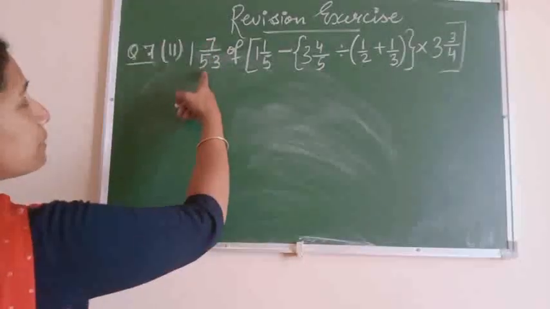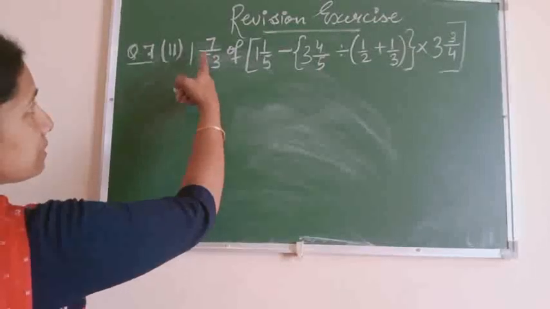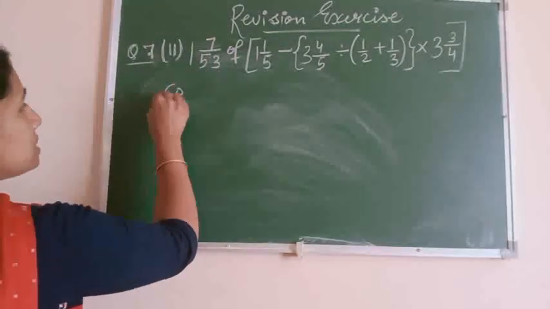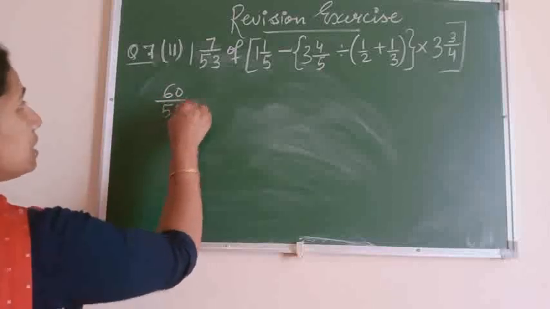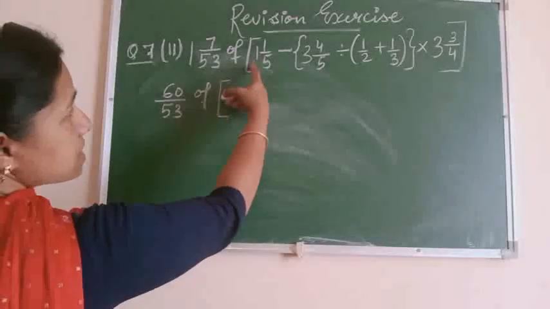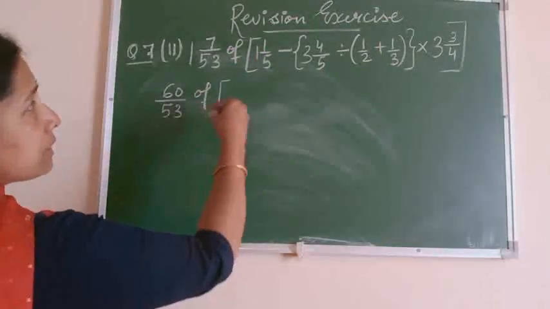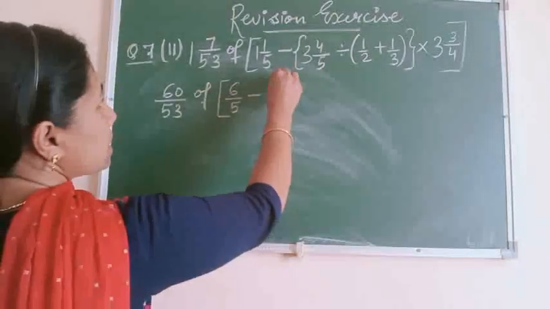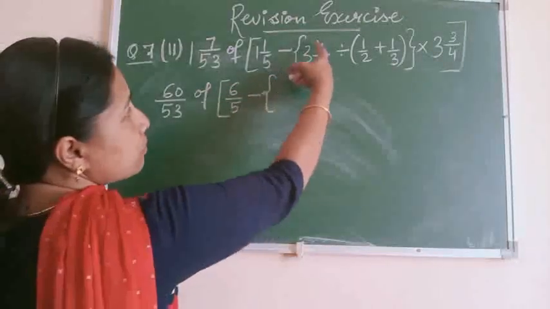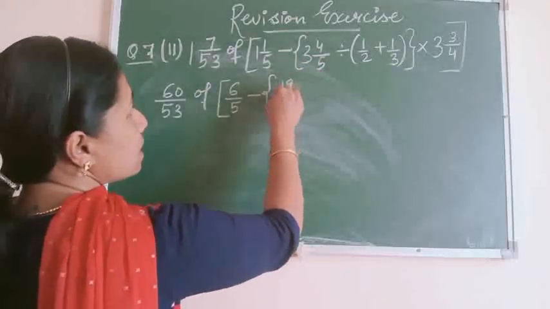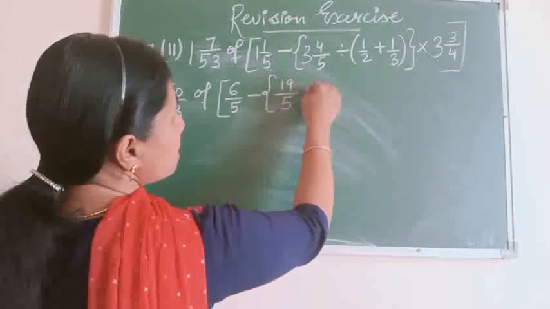1 7/53: 53 into 1 is 53, plus 7 is 60. So the first fraction we converted is 60 upon 53 of, written in the square bracket. The first fraction 1 1/5 means 6 upon 5, minus, in the curly bracket, 3 4/5: 3 fives are 15, 15 plus 4 is 19 upon 5, division.